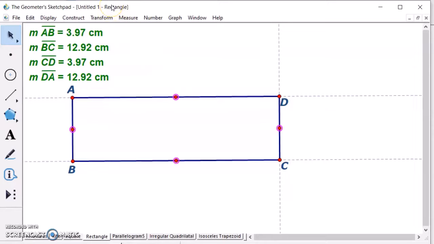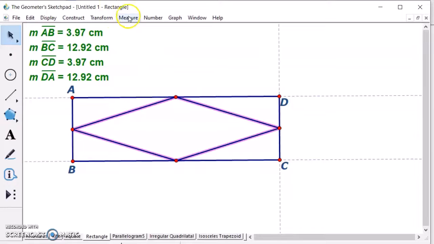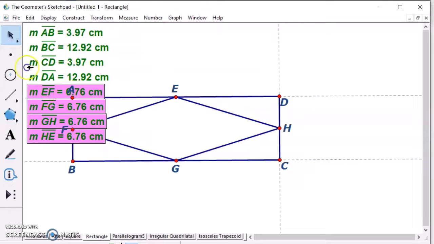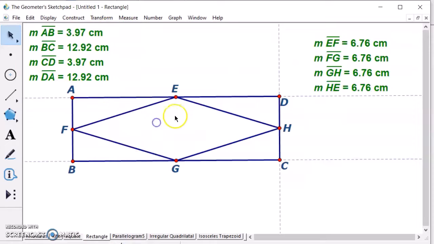Construct the midpoints, join those, measure those. So these are the sides we're looking at now. And it doesn't even look like there's a right angle in there, so I'm not going to measure that.